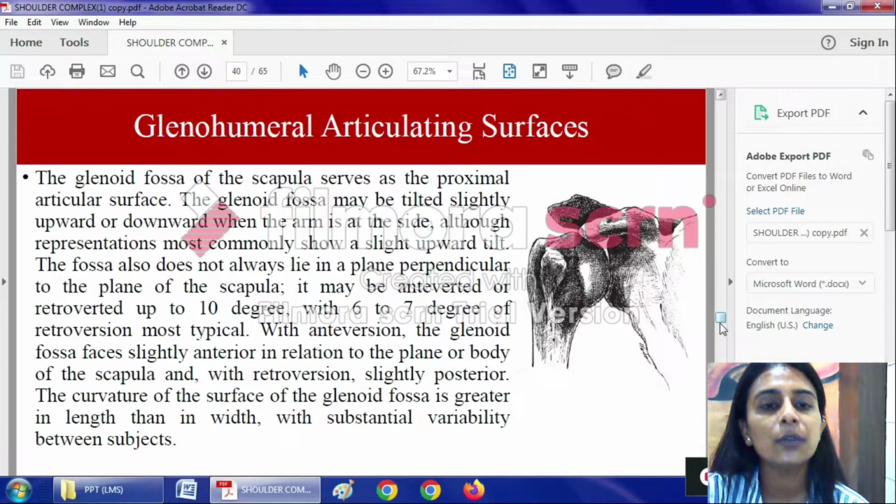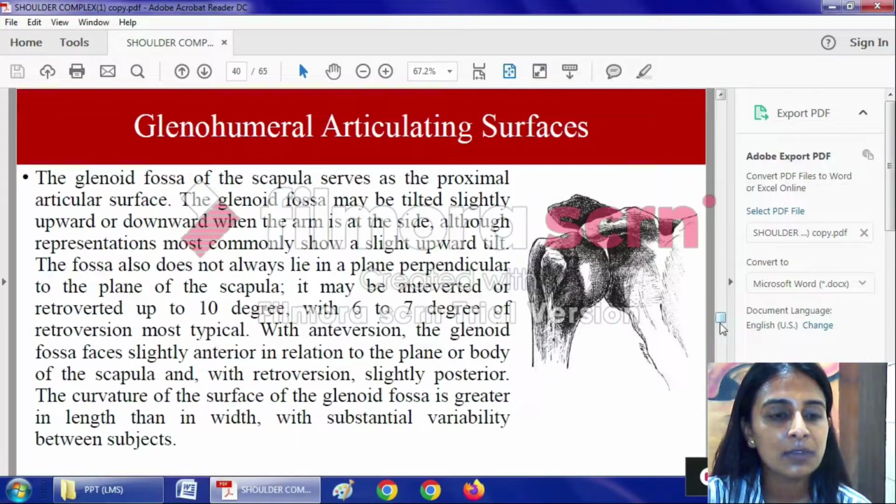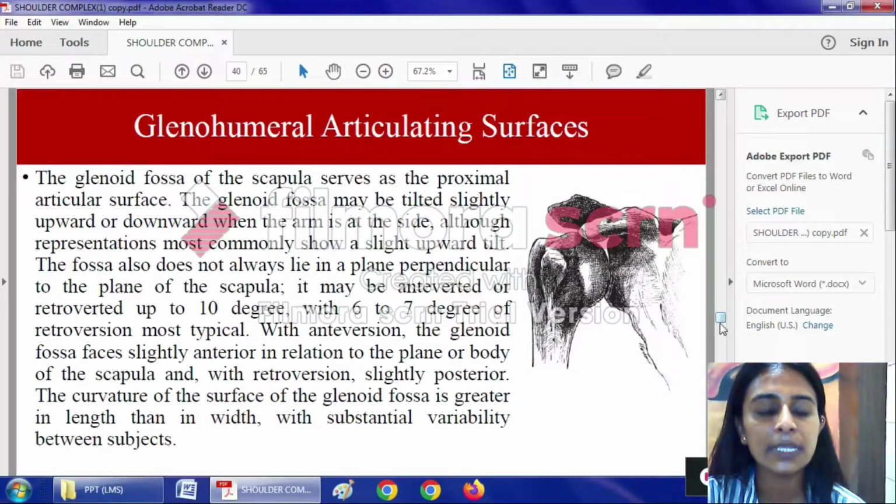Now, glenohumeral articulating surfaces. The glenoid fossa of the scapula serves as the proximal articular surface. The glenoid fossa may be tilted slightly upward or downward when the arm is at the side, although representations most commonly show a slight upward tilt. The fossa also does not always lie in a plane perpendicular to the plane of the scapula.